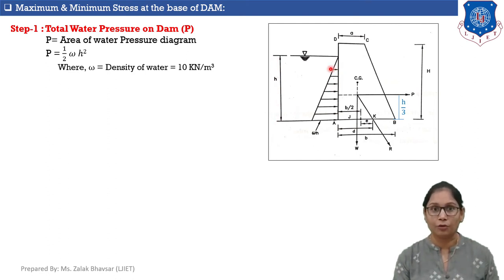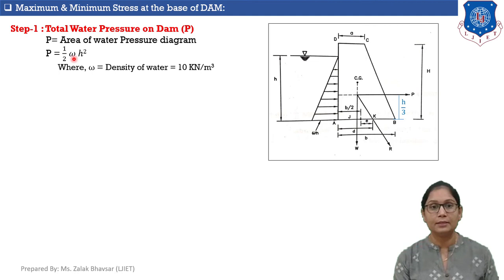So, the area of the water pressure diagram, which is triangular in shape, is equal to 1/2 base into height. So, it is equal to 1/2 w into h, which is the base, into h, which is the height. So, we can say that P is equal to 1/2 w h square, where w is the density of water.